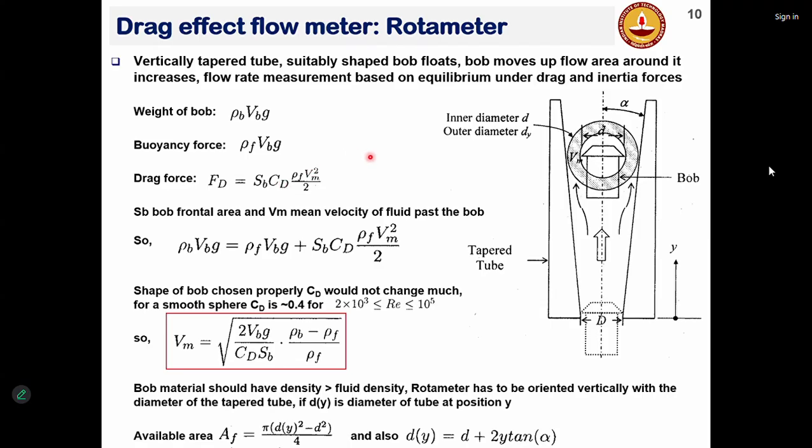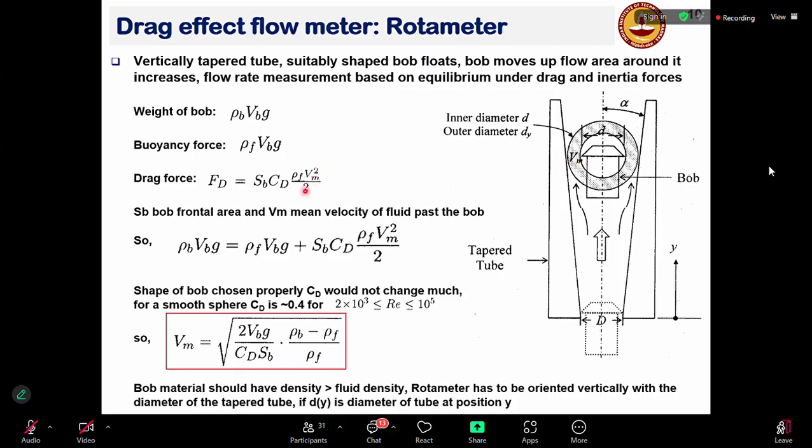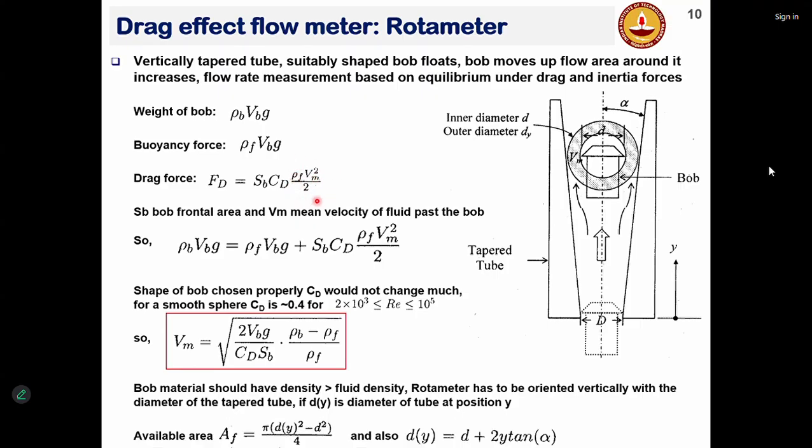And then the dynamic pressure, which is the density of the fluid times the mean velocity of the flow in the annular region, Vm square, divided by 2. Because the drag is acting in this region of the bob, where the velocity is Vm. So this is basically the dynamic pressure. Dynamic pressure into the area gives you the force. And CD is basically a correction factor because you are not accounting for the viscous loss.